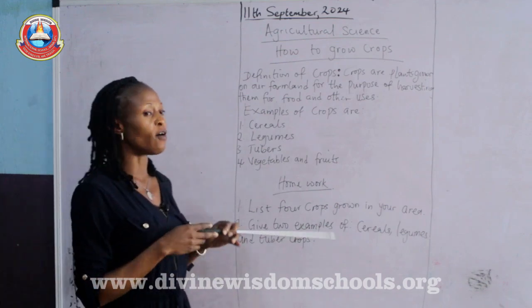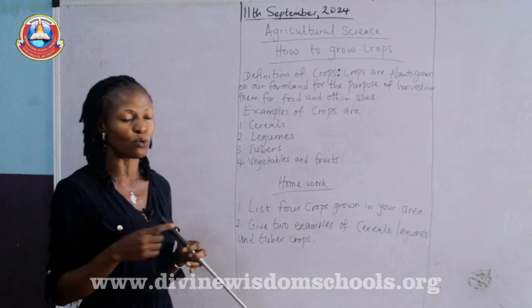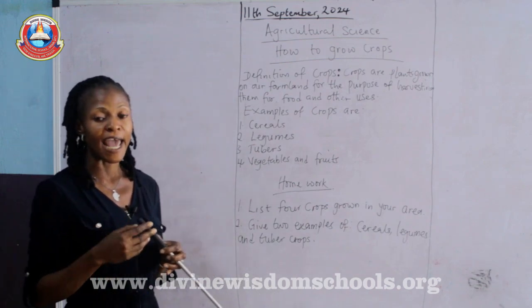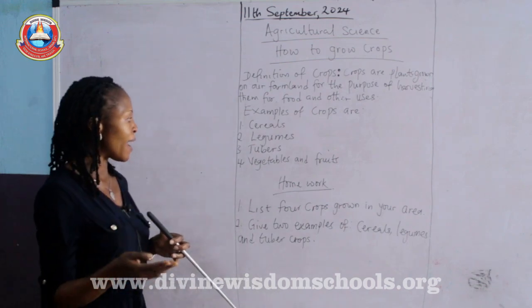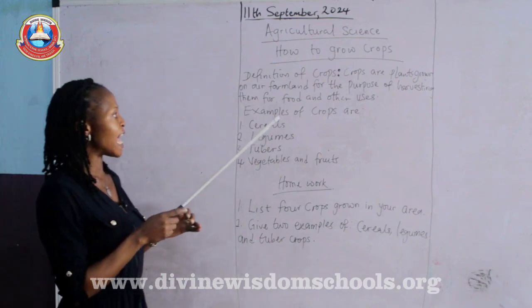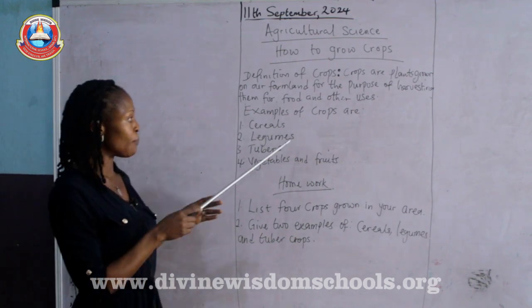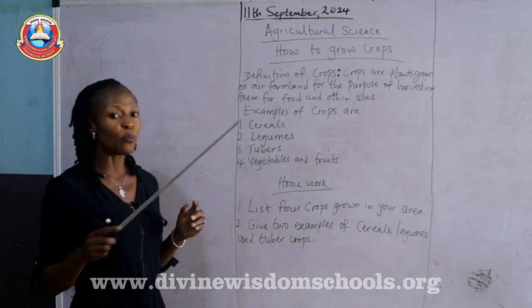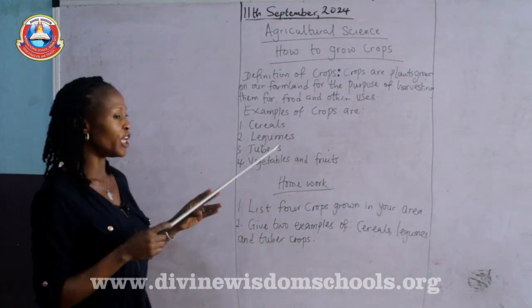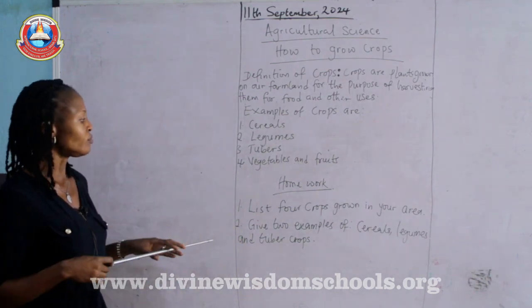Then examples of fruit vegetables, which you can also call the non-leafy vegetables, are garden egg, tomato, pepper, and so on. Now, we have looked at the various types or examples of crops. I hope you now know the group each of those crops in your environment belongs to.